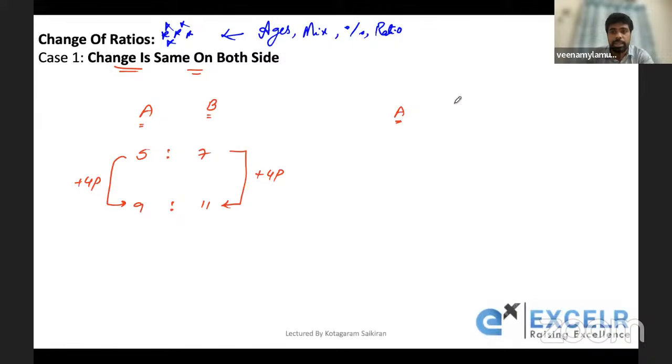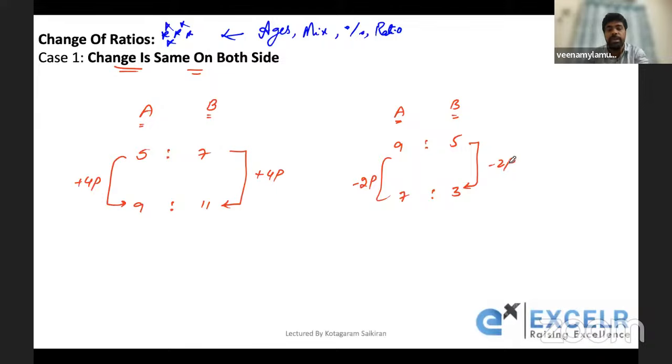Or else you take the case of A and B, suppose this is 9:5. It became 7:3. So here how many parts decreased? 2 parts. Here also it decreased by 2 parts.